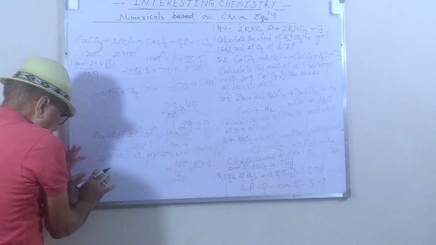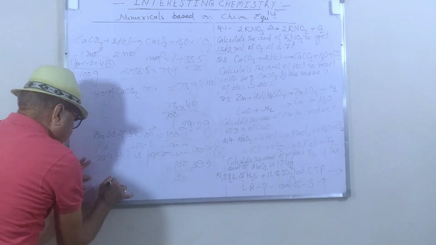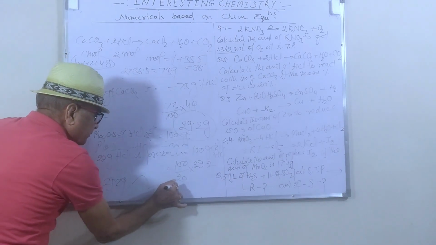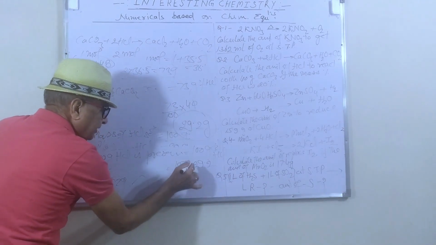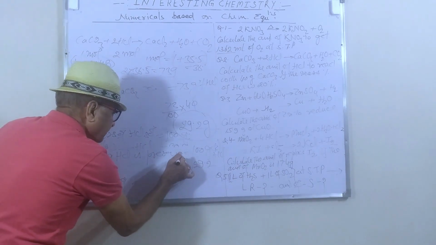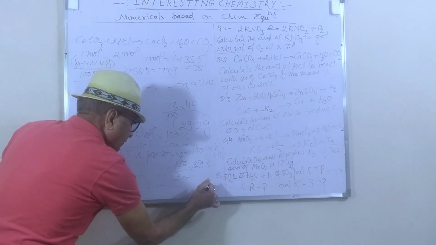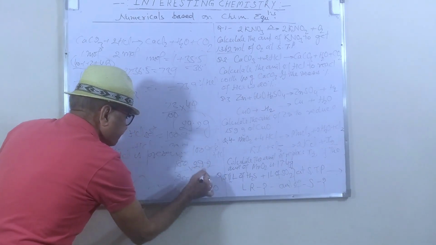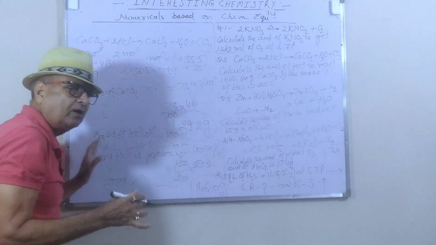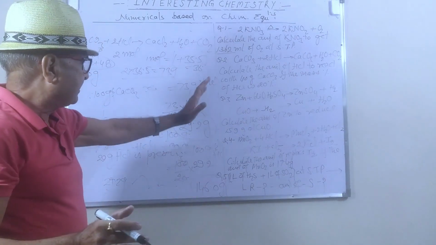So the 29.2 gram of HCl will be present in 100 by 20 into this one. So you can calculate, and 146 gram will be your answer. 146 gram. In this way you can calculate.